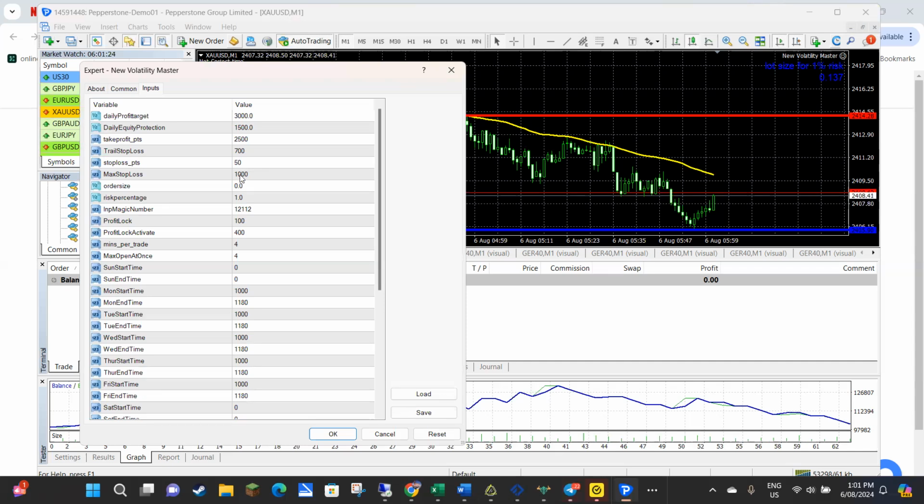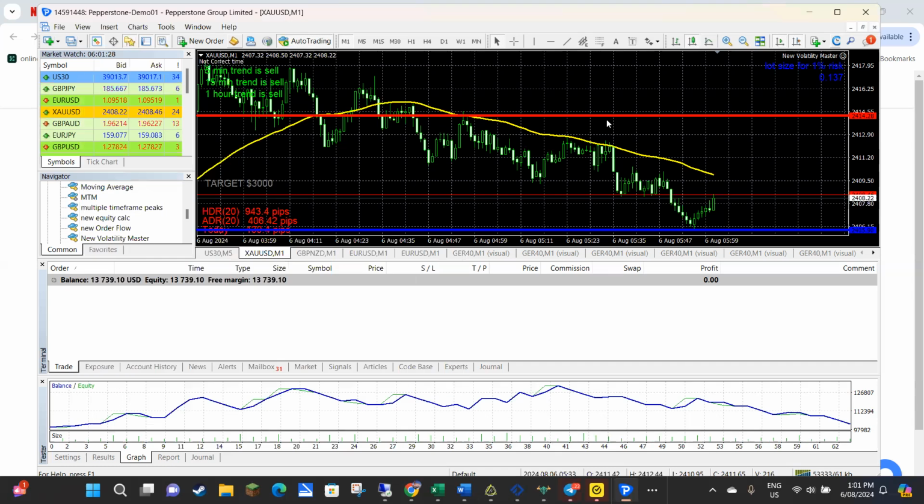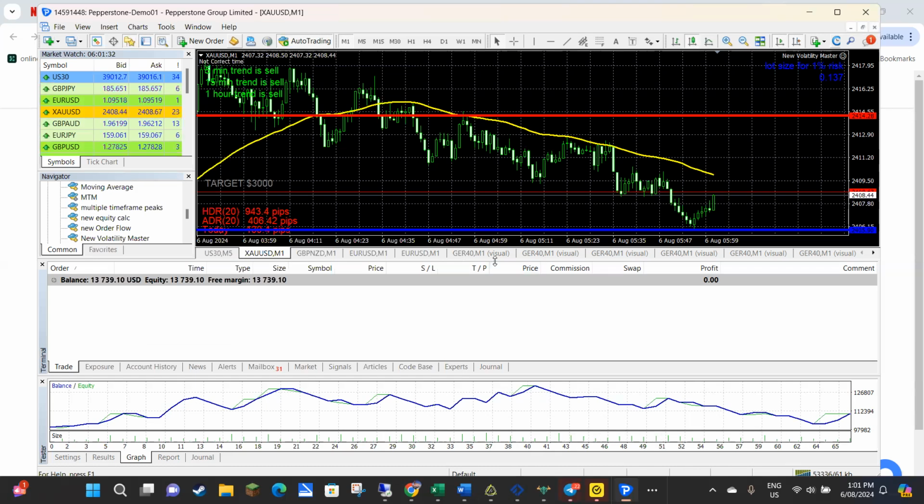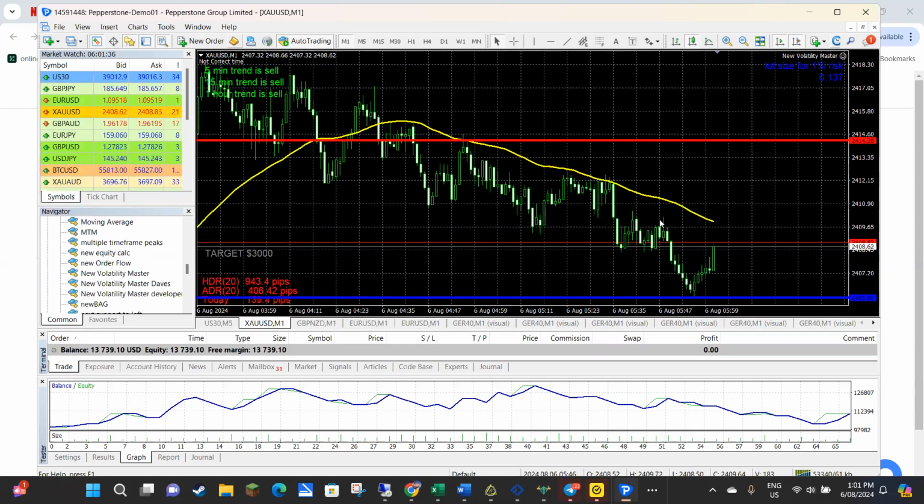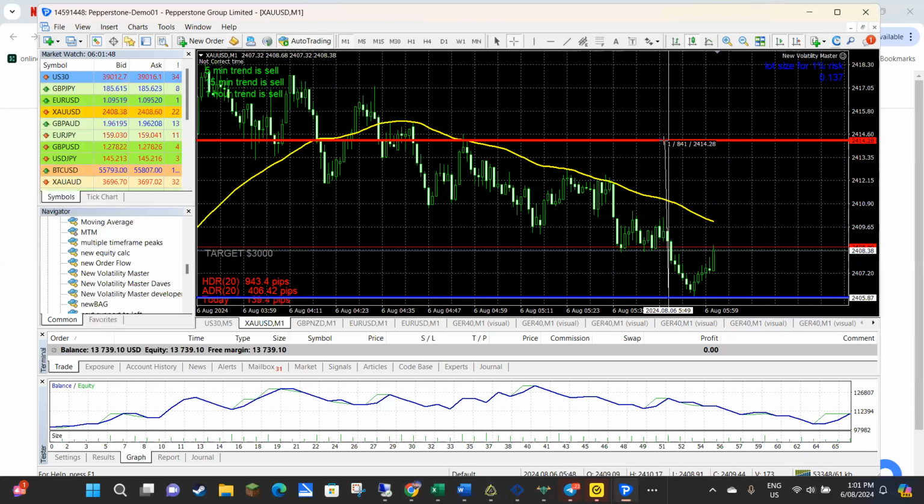The maximum stop loss, the reason for that setting is that it's possible, depending on what the market's done, the range, so if we measure the distance between the bottom and the top of the range, that is 840 points.